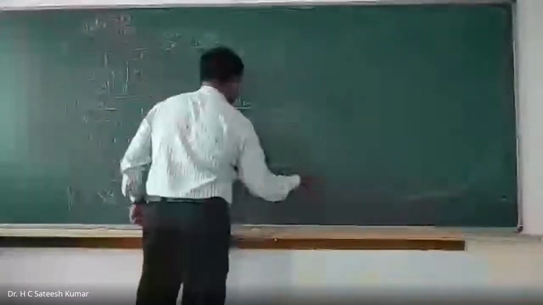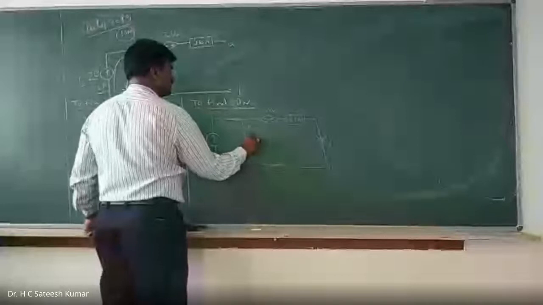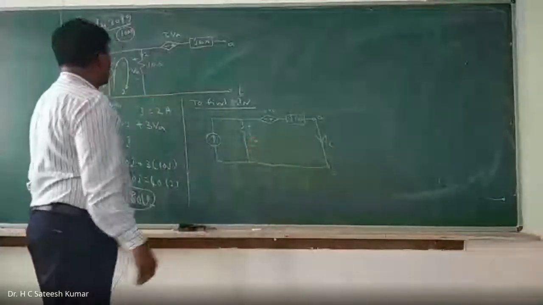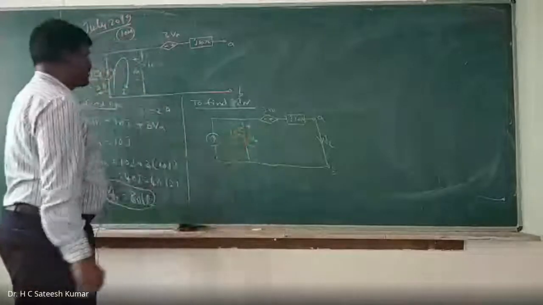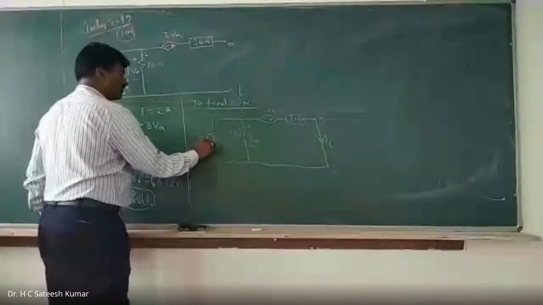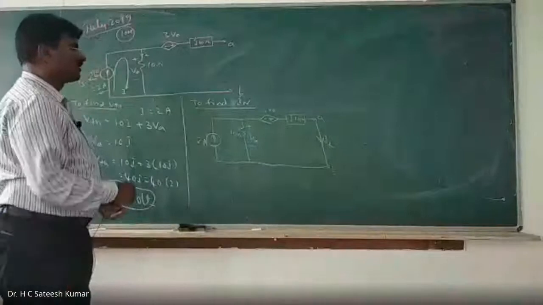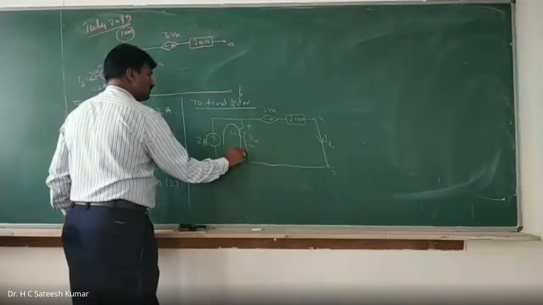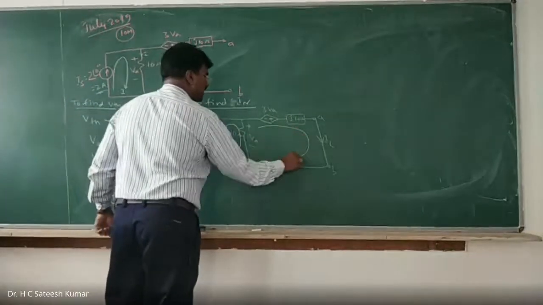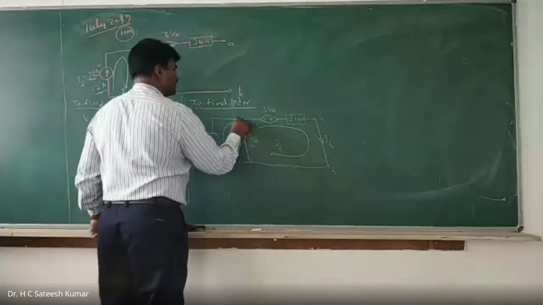A, B, plus minus VA, and this is 10 ohms, and this is 2 amps. 2 at an angle of 0 is nothing but 2 amps. Now you apply the KVL. So this is I1 and this is I2 and this is I1 minus I2.